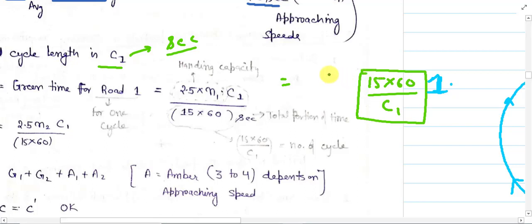And we have N1 vehicles in the 15 minute count. We have N1 vehicles for road 1, and the average time headway between these vehicles is 2.5. So basically 2.5 into the number of vehicles will give the total time by which these N1 vehicles will cross your intersection. Okay. So this is the formula written here.